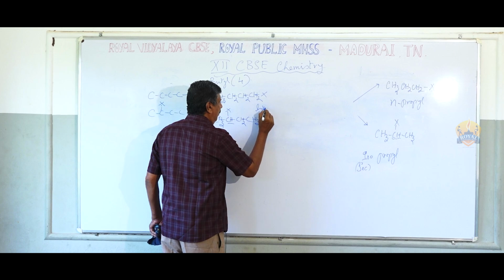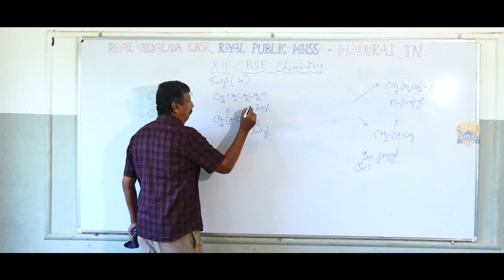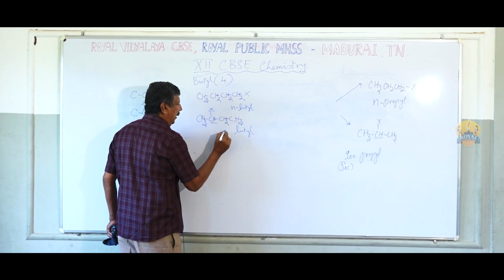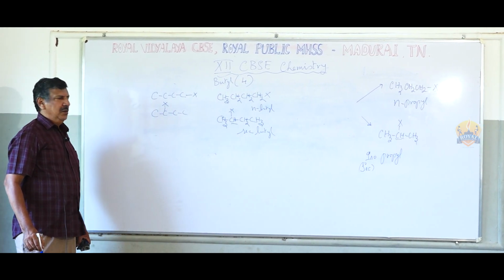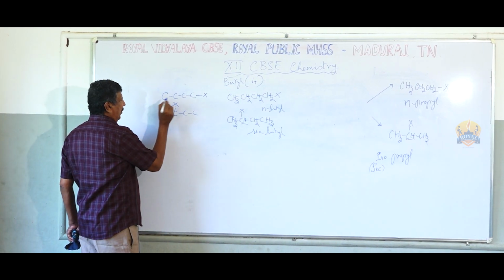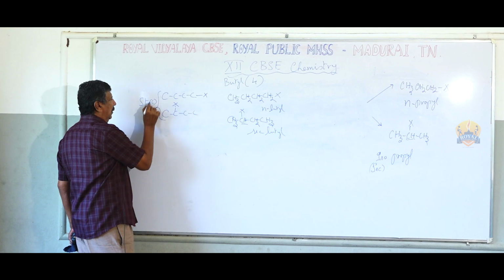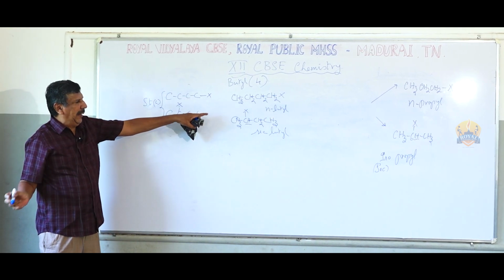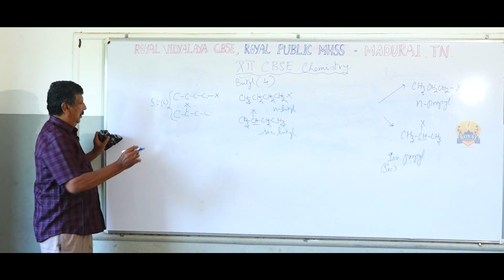This is also butyl, but this is N-butyl. This is secondary butyl. So from straight carbon, we are having 2 types, N-butyl and secondary butyl.